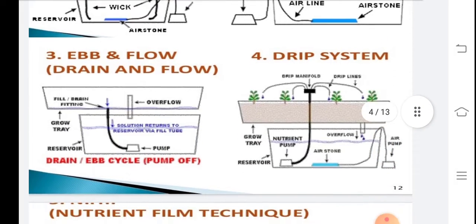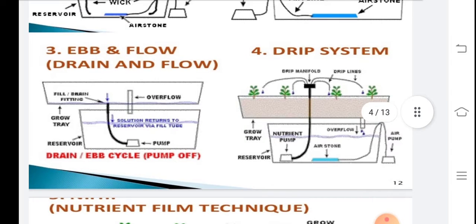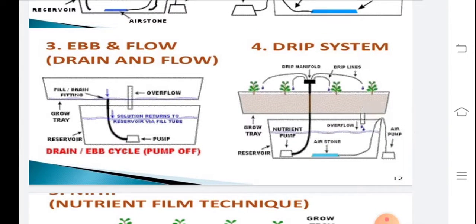Then ebb and flow, drain and flow, and the drip system have differences. As in the ebb cycle pump, you can observe the solution is returned to the reservoir via the tube, and there is an overflow, which is also taken.